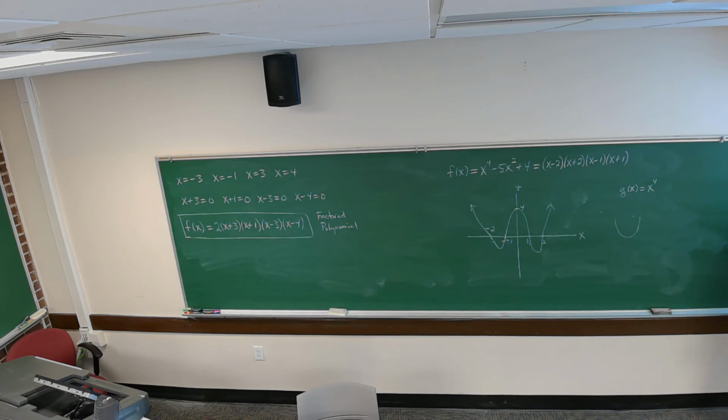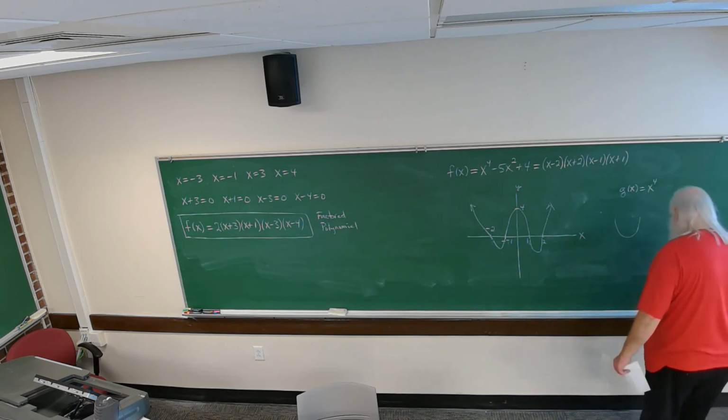Okay? Then knowing the multiplicities, whether they're even or odd, is important in graphing the polynomial function. If the multiplicity is even, then the graph flattens and just touches the x-axis.